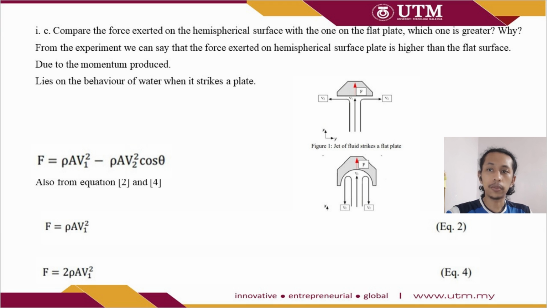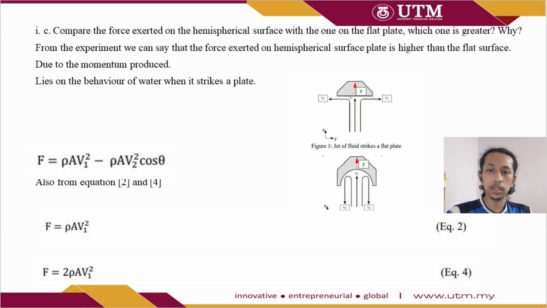For the flat plate, our theta is 90 degrees, so cos theta is 0. And for the hemispherical surface, our theta is 0 degrees. So when it is substituted into the equation, it is equal to negative 1, and this reacts with the negative, so it becomes positive.